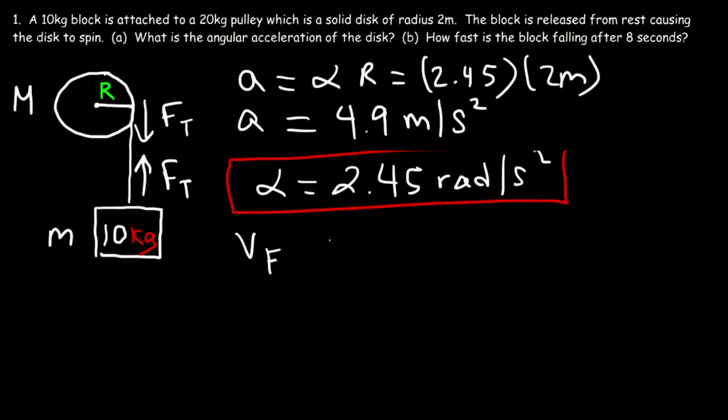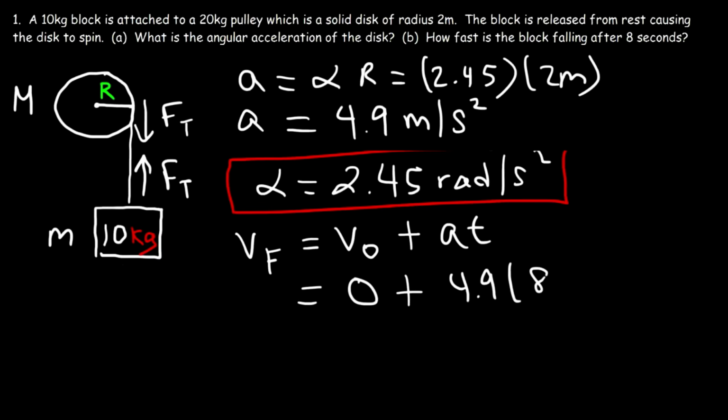So the final speed is going to be the initial speed plus at. The initial speed is 0 because the block was released from rest, and the linear acceleration is 4.9 multiplied by 8. So 4.9 times 8 is 39.2 meters per second. So that's the speed of the block after 8 seconds.